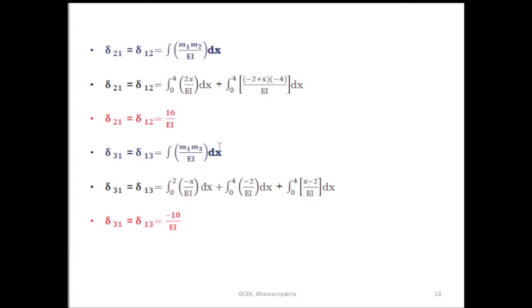Then after putting m1 and m3, delta 31 is equal to delta 13 is equal to integration minus x by EI into dx plus integration 0 to 4 minus 2 by EI into dx plus integration 0 to 4 x minus 2 by EI into dx. Then after simplification of this expression, delta 31 is equal to delta 13 is equal to minus 10 by EI.